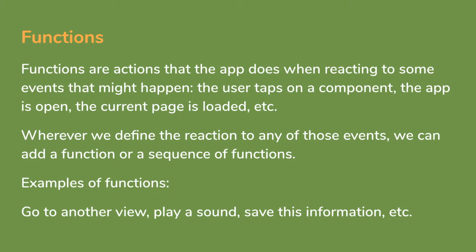So we have different types of events, like when a user taps on some component, when the app is open, when a new screen or a new view is loaded, or when a login function fails, things like that. Okay, so those are events, and we can define how the app should react to those events.